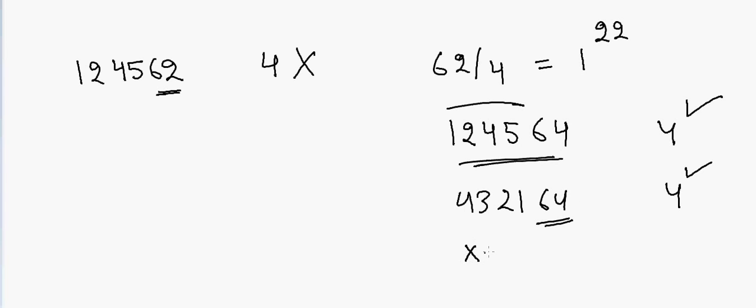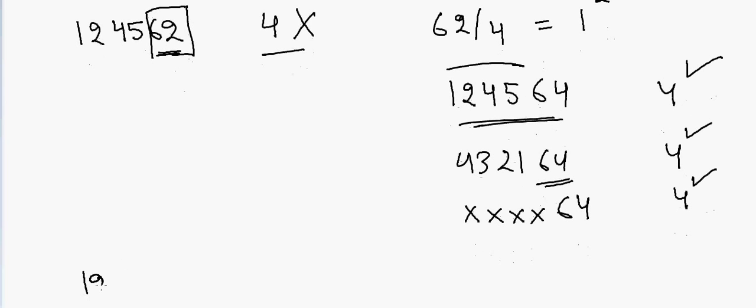Or I can write anything, xxxx and 64, and this number should also be divisible by 4. So I have to look at the last two digits to check if the number is divisible by 4 or not. In this case it is not. Now, let's write the number again.